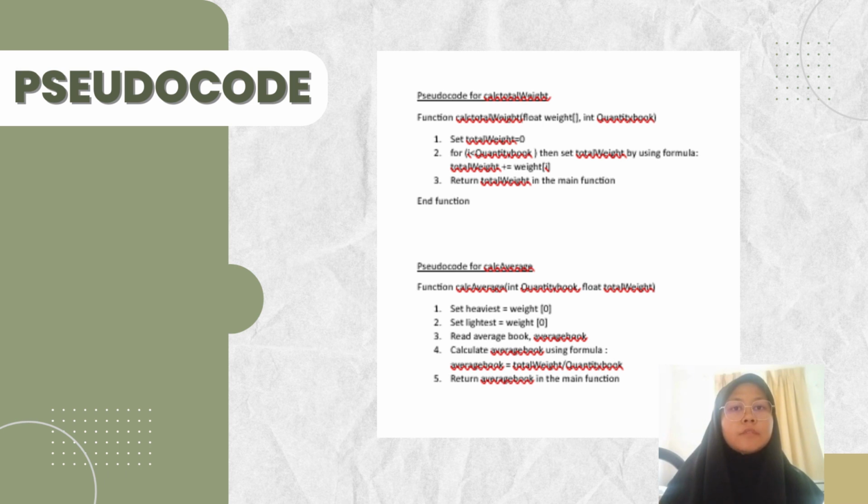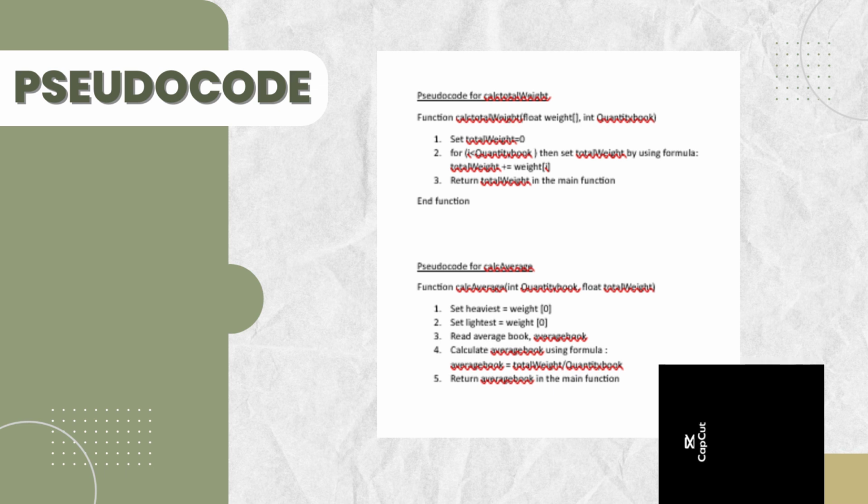Pseudocode for calc average: set heaviest equal weight 0 and set lightest equal weight 0. Rate average book is set using the formula total weight divided by quantity book, then return average book to the main function.